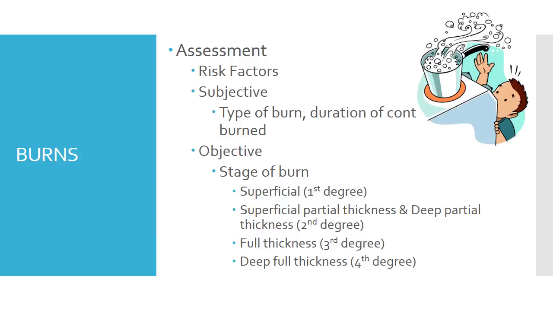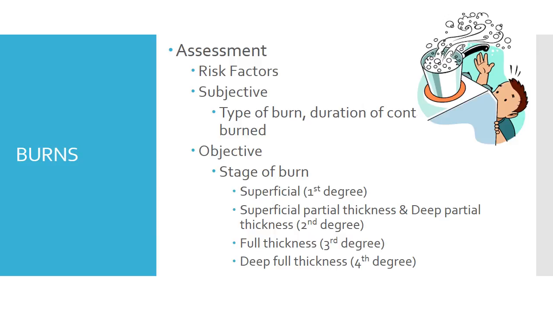As far as objective assessment, you're going to see the stage of the burn. So first degree is going to be a superficial burn. Second degree is going to be a superficial partial thickness and deep partial thickness burn. A third degree is going to be a full thickness burn. And then a fourth degree is going to be a deep full thickness burn.